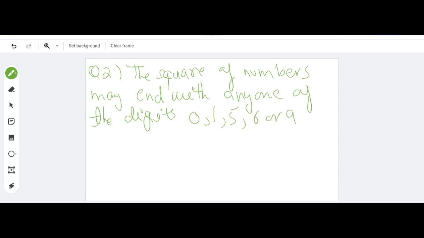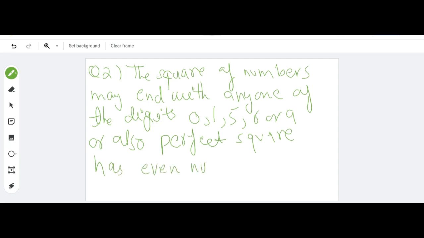If these digits are at the end of a number, that is a perfect square. And also, a perfect square has an even number of zeros at the end of it. Okay, understood? Yes, ma'am.